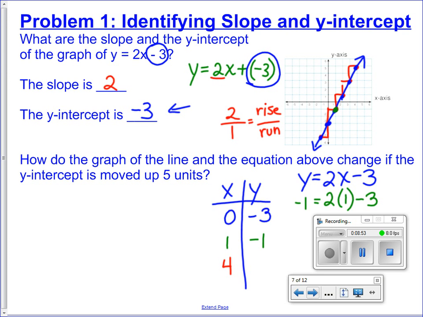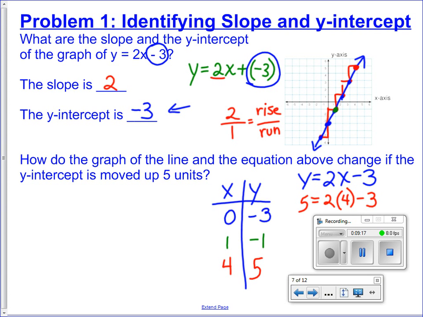I'm going to substitute 4 for my x. 2 times 4 would be 8. Minus the 3 is equal to 5. So at 4, 5, I should have a point. And notice, please, on our graph that at 4, 5, we have a point as well.